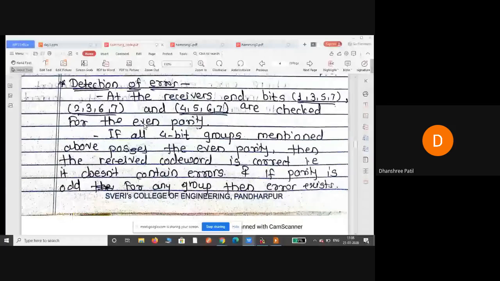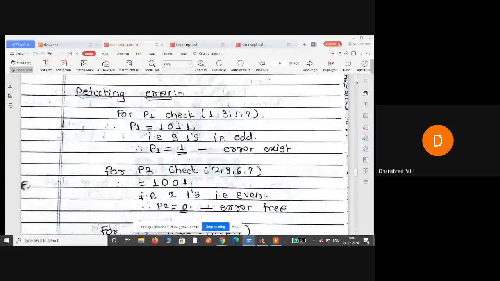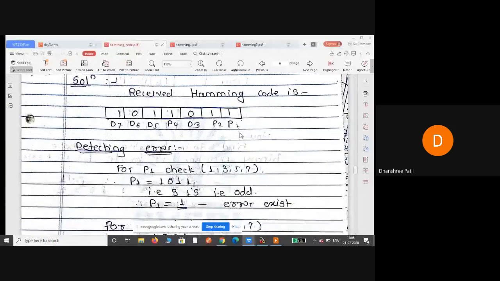Now let's check. We have this particular 7-bit Hamming code. From this, we first have to detect the error. As I told you, check the groups for P1, P2, and P4. For P1, we check the values at positions 1, 3, 5, 7.